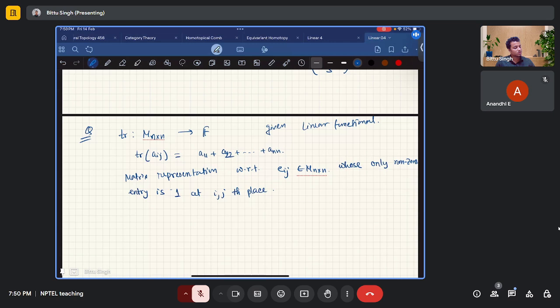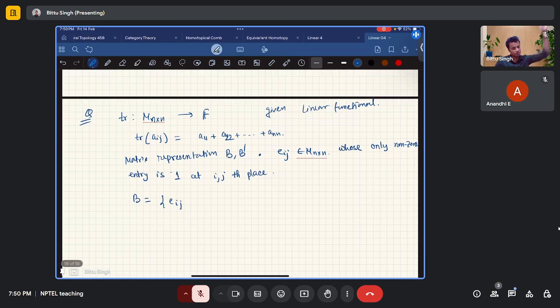So matrix representation with respect to B, comma B dash, where B is this E_ij, and there should be an ordering. For example, instead of solving this general case, let me solve for n equal to 2. So it is given as E11, E12, E21 and E22. This ordering is given, similar to numerical order 11, 12, then 21, 22.